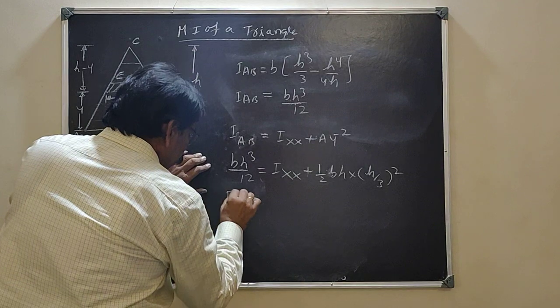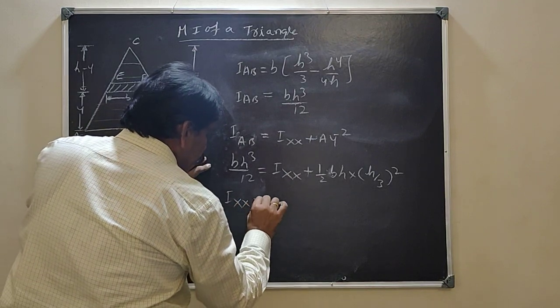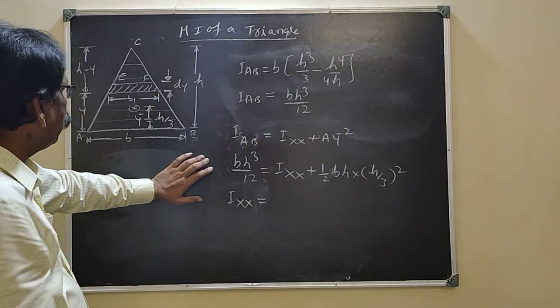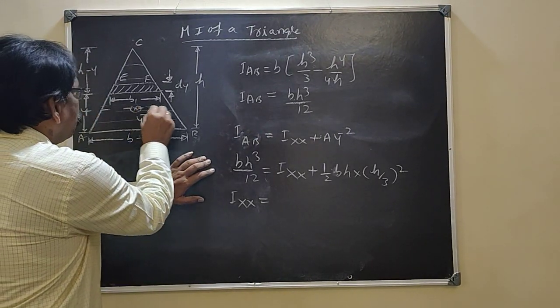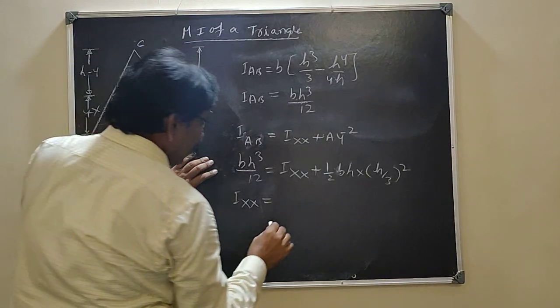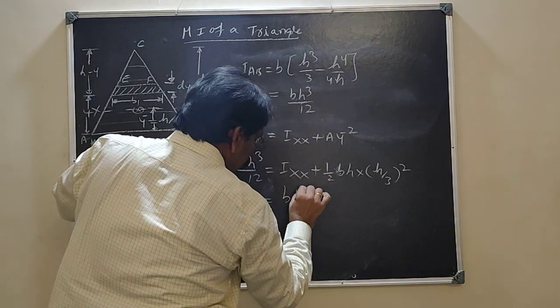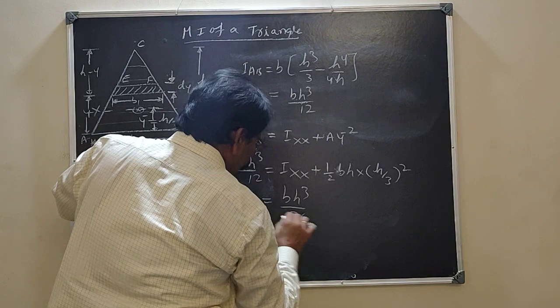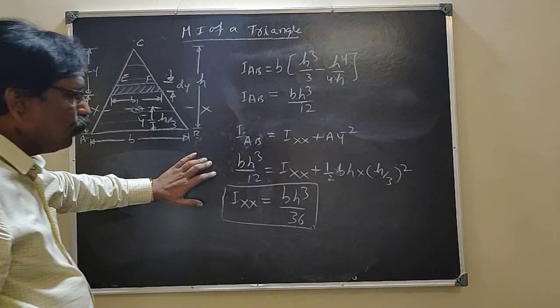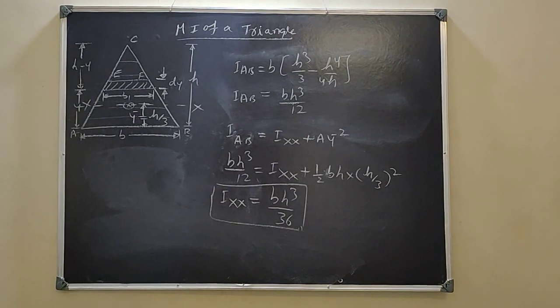On simplification, you will get IXX, the moment of inertia of this triangle about its central axis XX, is equal to BH cube by 36.